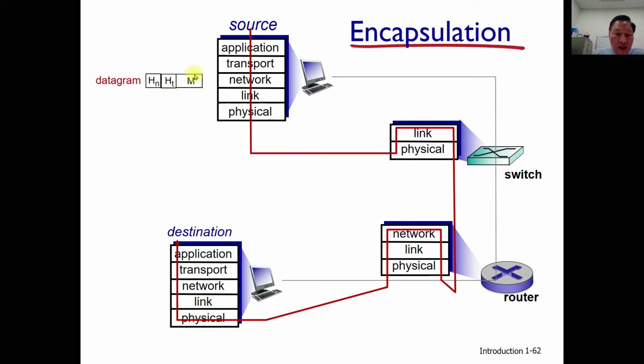And this one is considered as data, and this one is attached as a new envelope. There's the network layer header. And also this one is considered as data, and another envelope will be used here, that is the link layer header. And here no header, just simply that is electrically sending like this.